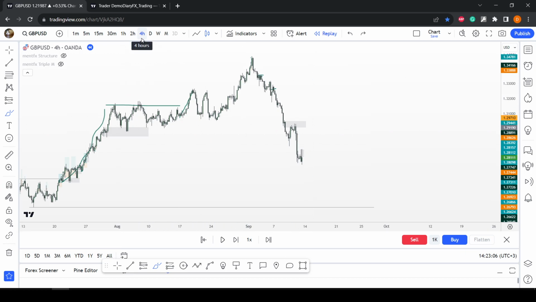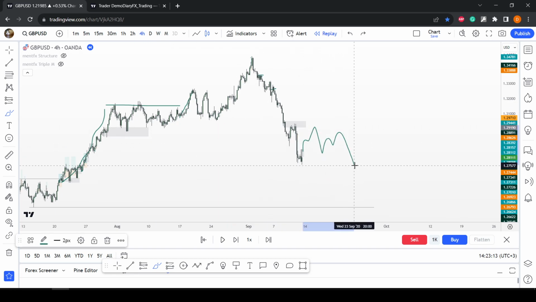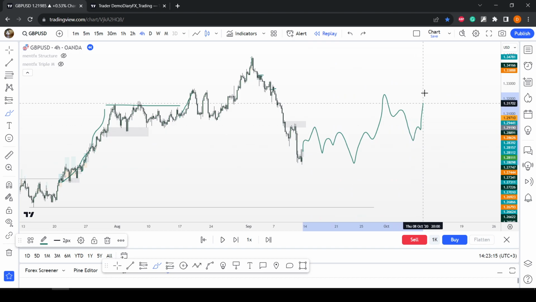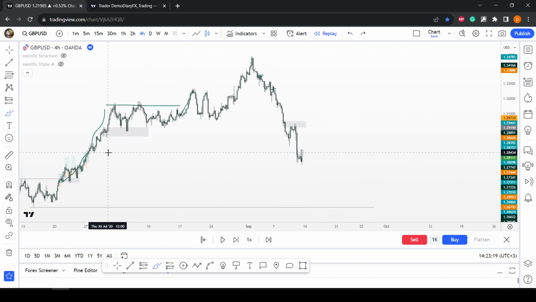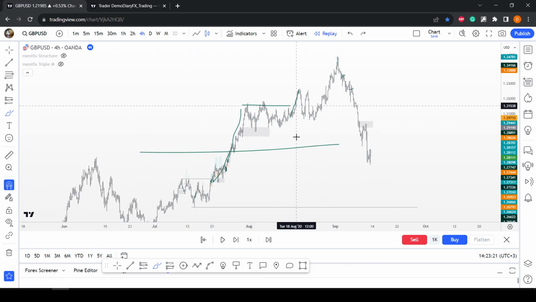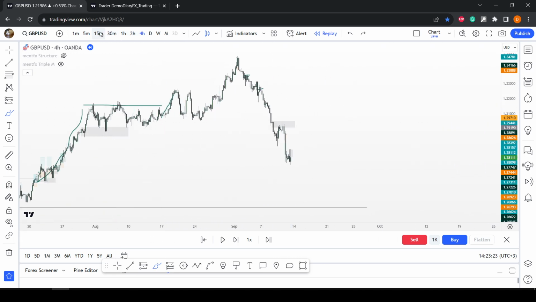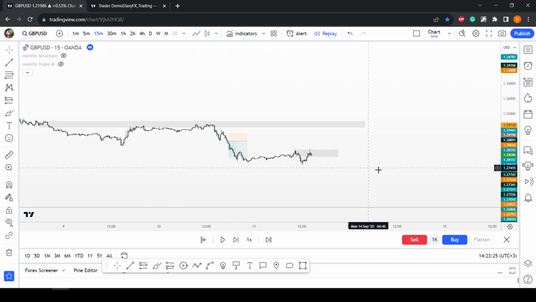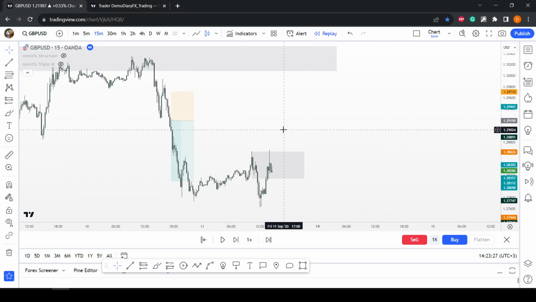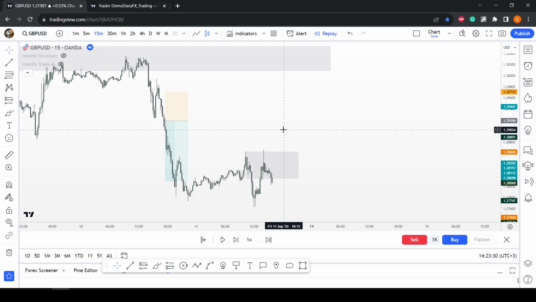So overextended for shorts, but it's definitely too early for longs, because for longs we want something maybe like this, and then longs ideally, and it will mean that we mitigated the 3-day zone. So anything will be too early or too late for shorts.